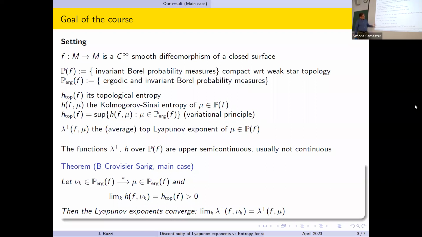So you should think about this as a stability result for the MME. Okay, in the sense that if you have an ergodic measure with entropy close to the topological entropy, the Lyapunov exponent has to be close to the Lyapunov exponent of the MME. Okay, and it turns out that with further work, using different tools, in fact, we can deduce from this stability of the Lyapunov exponent some kind of strong non-uniform hyperbolicity, including exponential decay of correlations and other properties of this type.